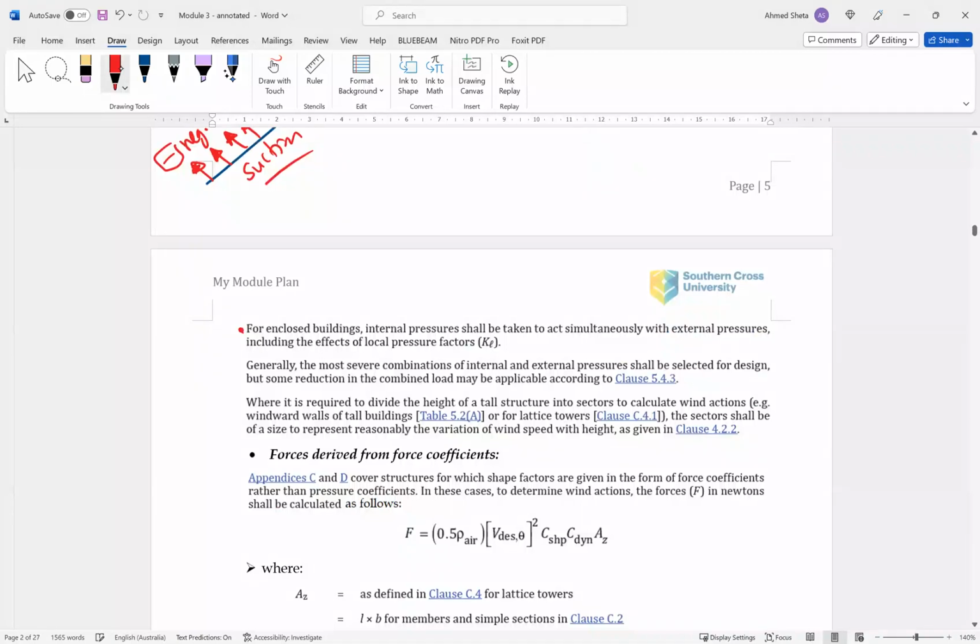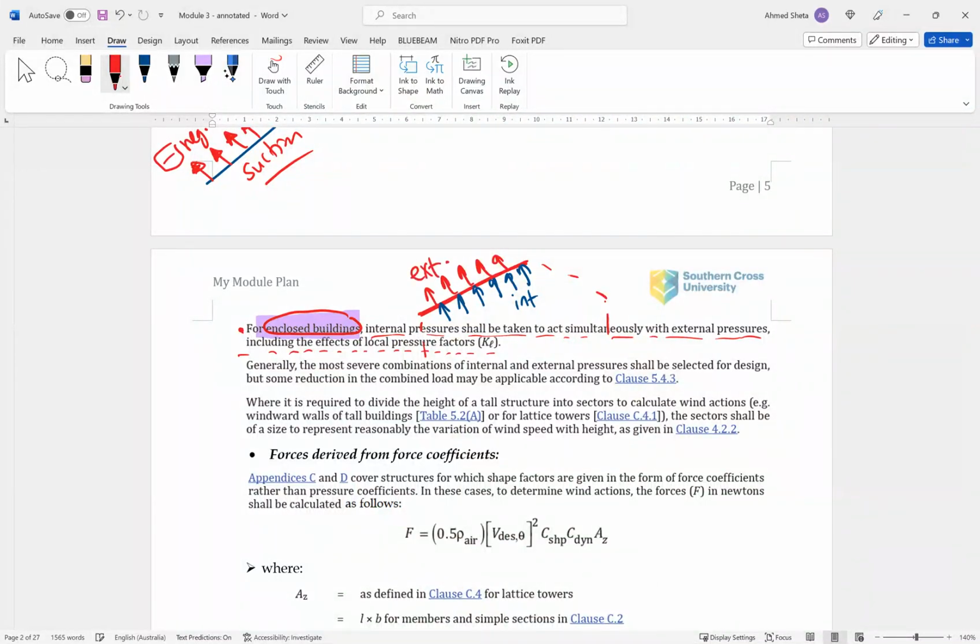For enclosed buildings, which is our focus, internal pressure shall be taken to act simultaneously with external pressures, including the effect of local pressure factors KL. So inside the building, this is the internal pressure, and this is the external pressure.